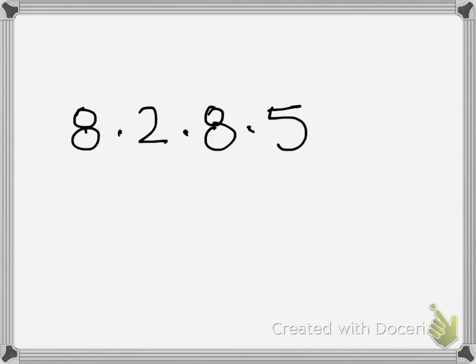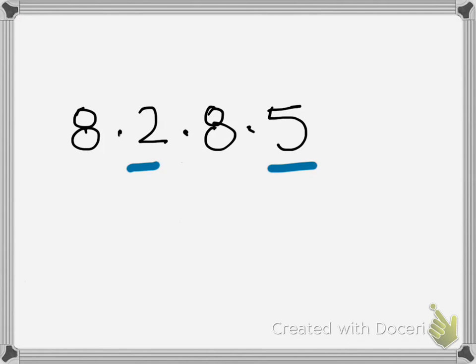So what I would do here is I would group compatible numbers, things that make it mentally easier to do, which I see a 2 and a 5, which when I multiply together becomes 10. So let's say I wanted to make that first. I would go ahead and group it as well as change the order of it.